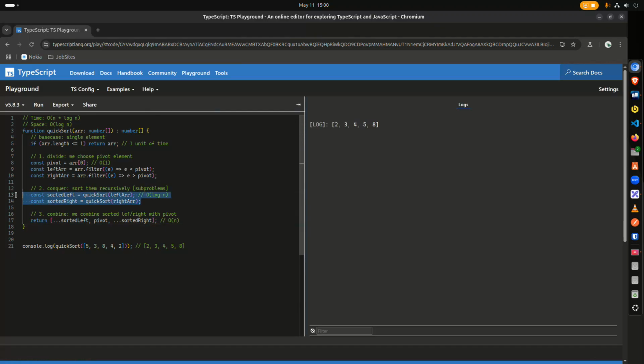Basically, we're counting this space complexity. We're not using any other space here. So that's why space complexity is log of n, coming from the recursive stack. And the main time complexity is coming from this copy and the call stack.